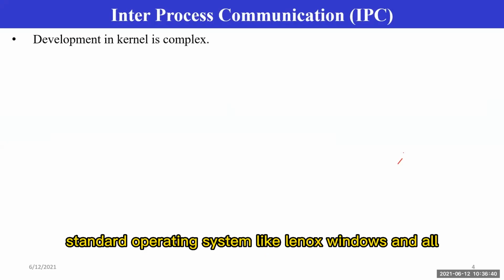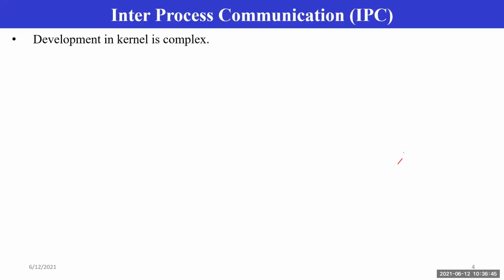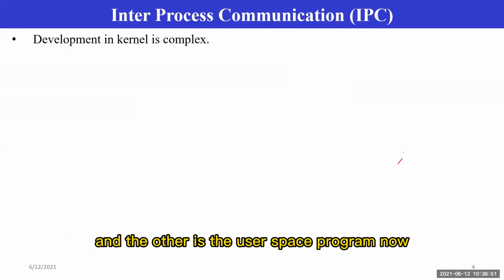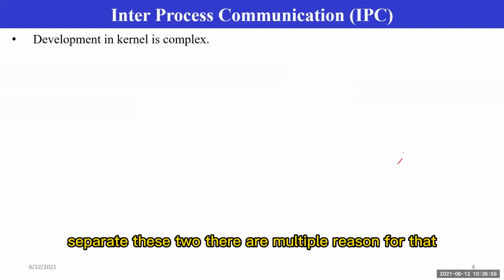In a standard operating system like Linux, Windows and all, there are mainly two parts. One is the Linux kernel, and the other is the user space program. Now, why do we separate these two? There are multiple reasons for that.